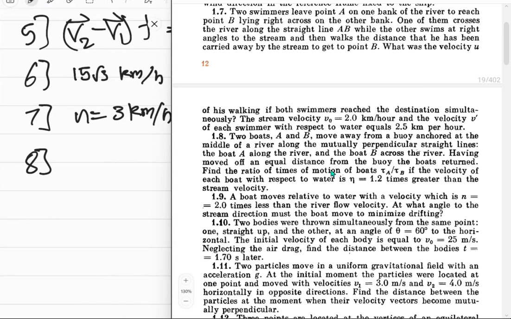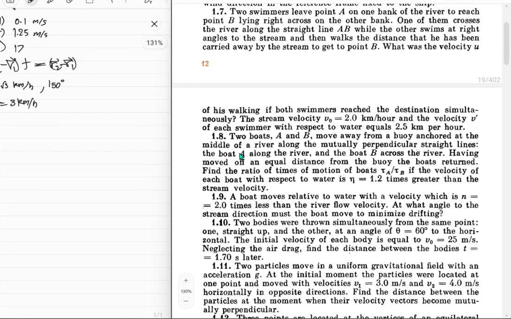The boat A along the river and boat B across the river. Oh, okay. Starting to understand what's happening. So B is moving like this, A is moving like this, and there's this buoy, right?